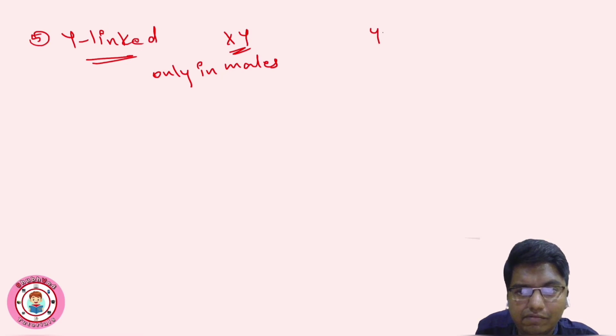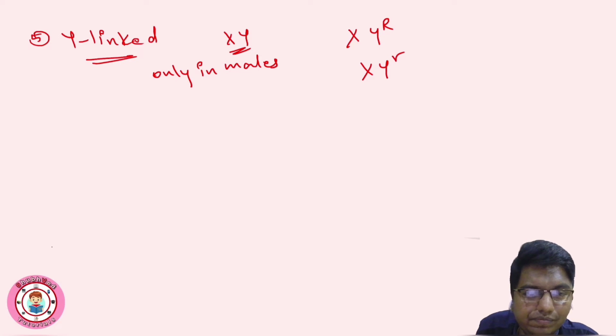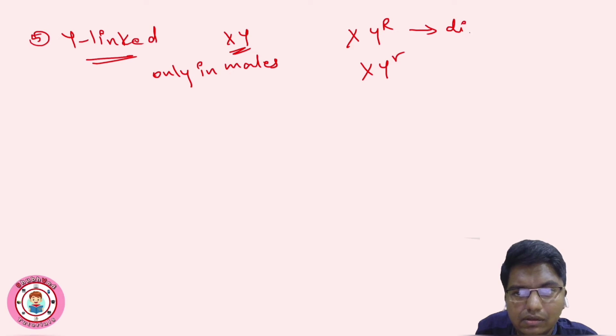Whether Y has a capital or a small gene, R is an allele here, this will also be diseased, as well as this will also be diseased.